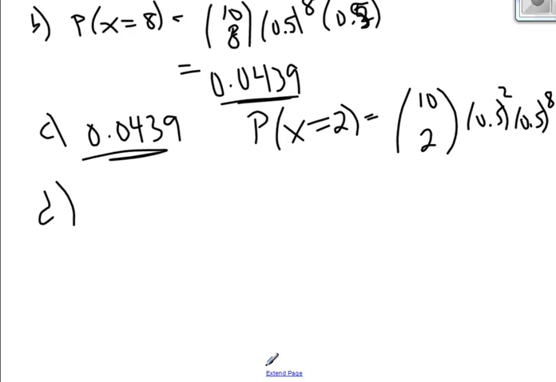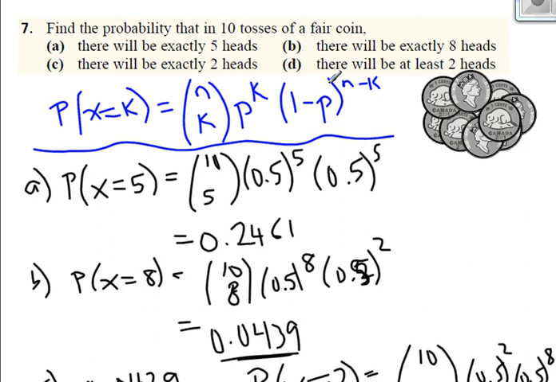Secondly, I never want you to use approximation in a question that says something like at least 2, because the opposite of at least 2 is 0 or 1, so there are only 2 steps. So please don't use approximation in a question like that.